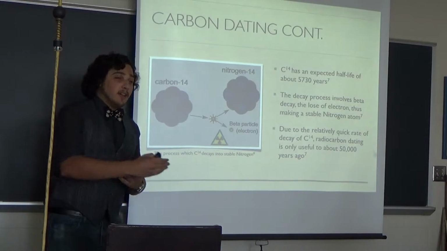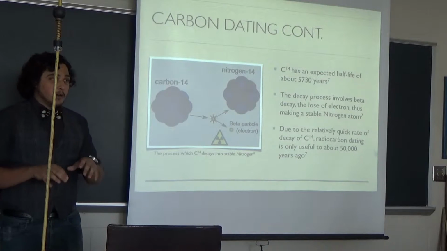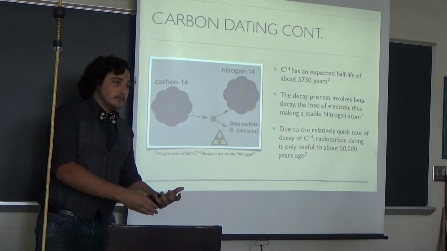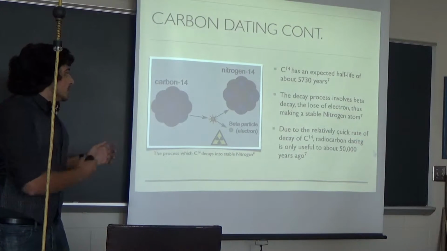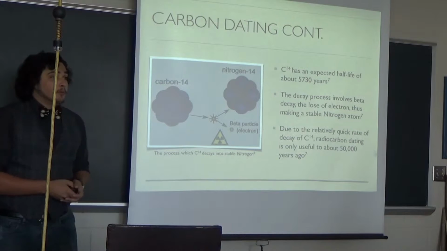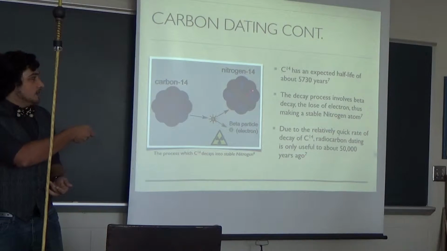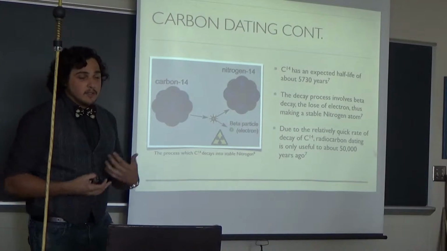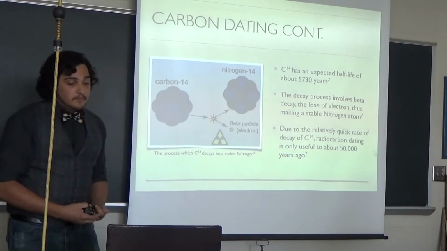And if you waited another 5,730 years, there would only be 25% carbon-14 remaining, and the other 75% would be nitrogen. So carbon-14 decays in what is called a beta decay, which means an electron breaks off and becomes nitrogen-14. So as an unstable isotope, it's trying to reach a more stable state.